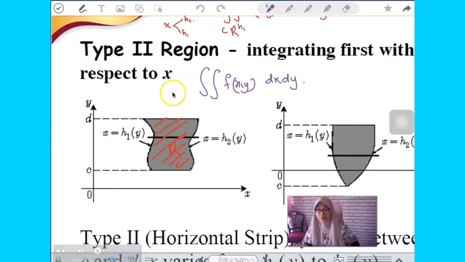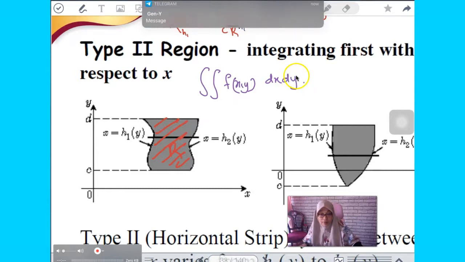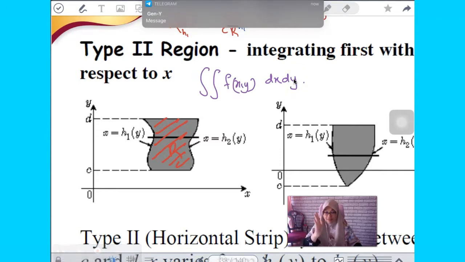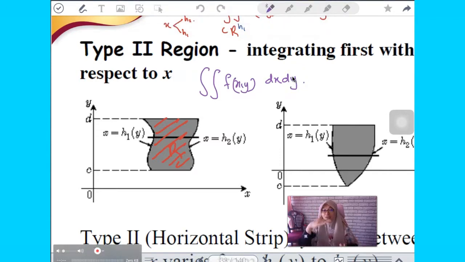Okay, now for y constant, just now for x constant, you have a vertical line. Remember, x constant you must have vertical, y constant you must have horizontal. So now you sketch the horizontal line on the region. This is just to guide you to determine the limit of x, because we know that x is function.